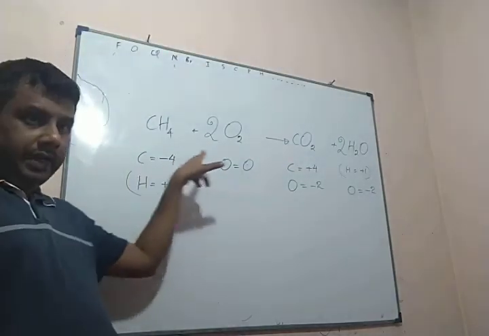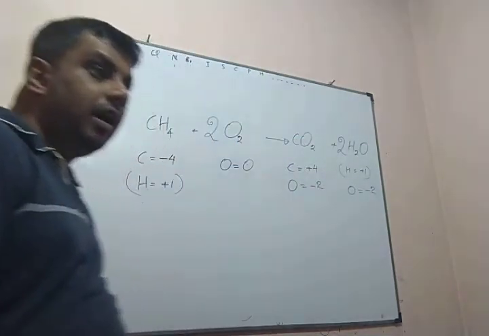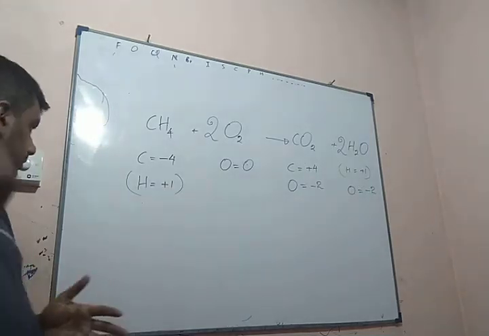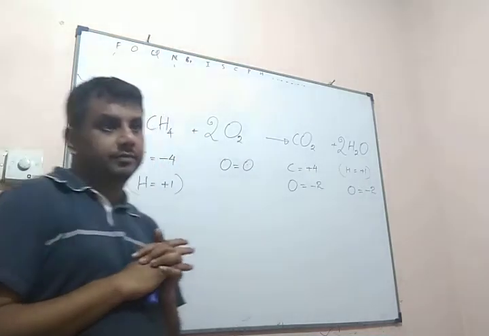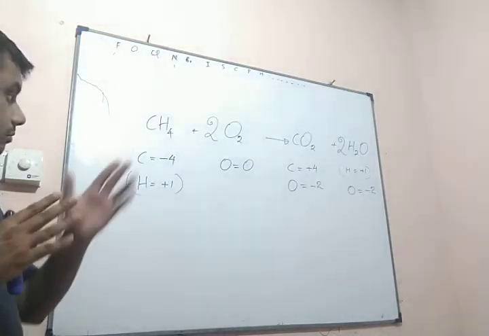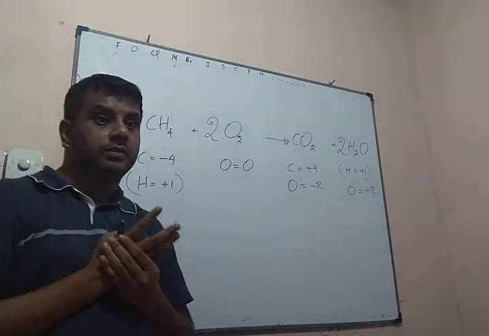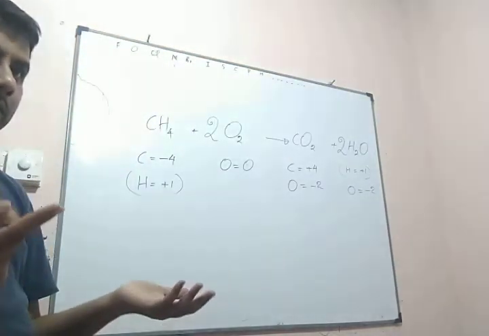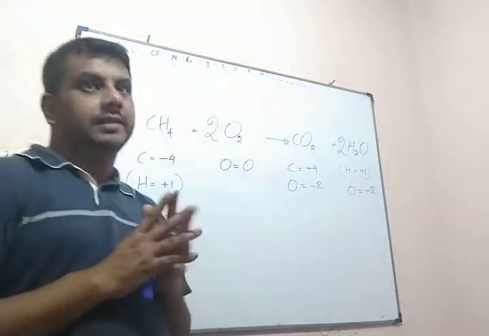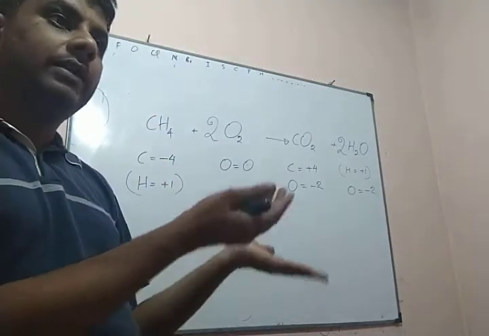So carbon underwent oxidation, minus 4 to plus 4. How many electrons did it lose during that oxidation? Oxidation number increases means oxidation. When the oxidation number increases, electrons will be lost or gained?